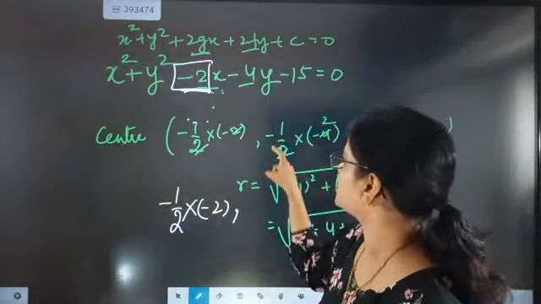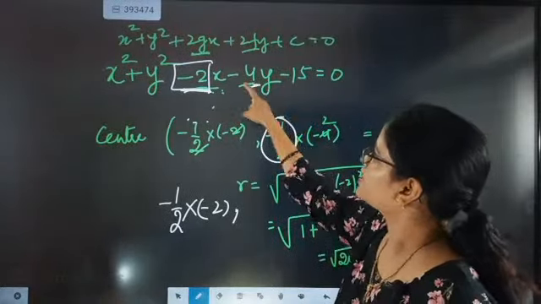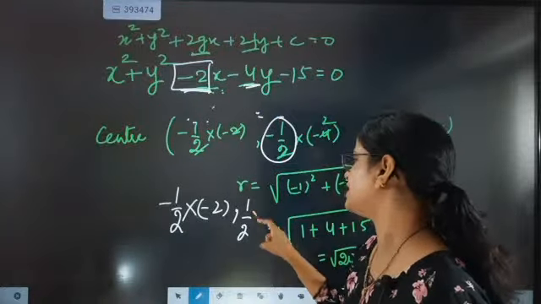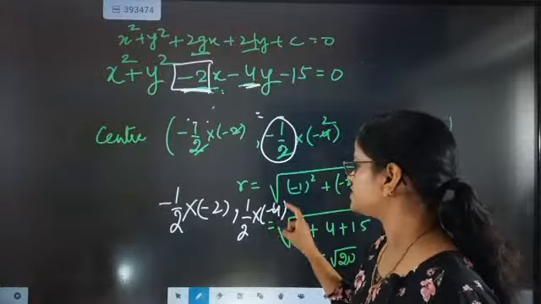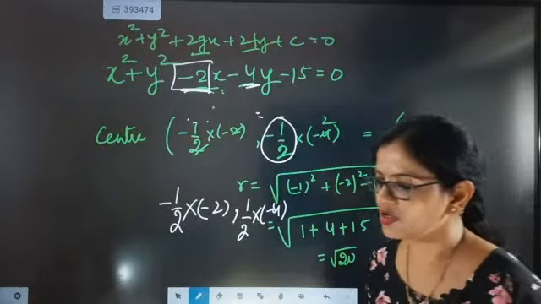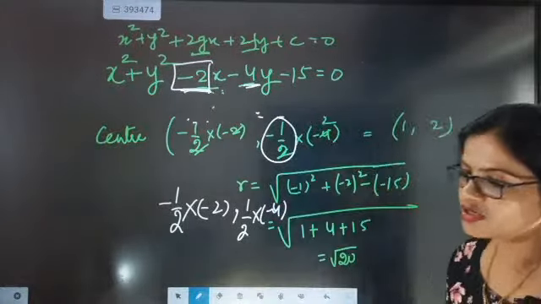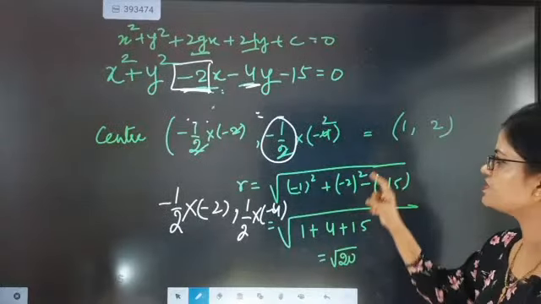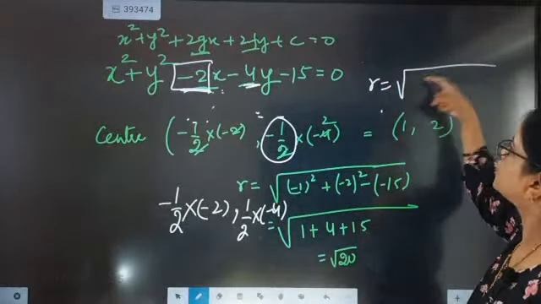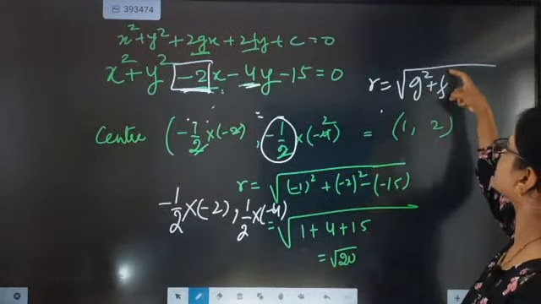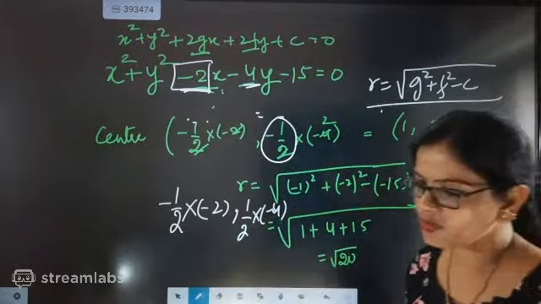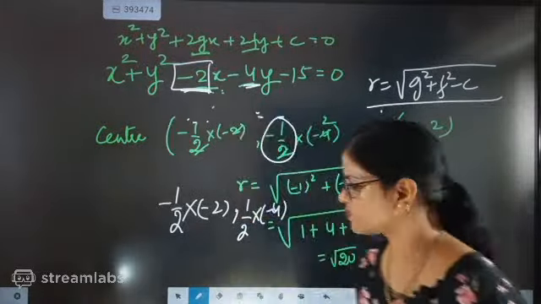And minus 1 by 2 with minus 4, you do directly, you will get the y. That is the center. Understood? It's not tough. And then the radius formula is root under g square plus f square minus c.